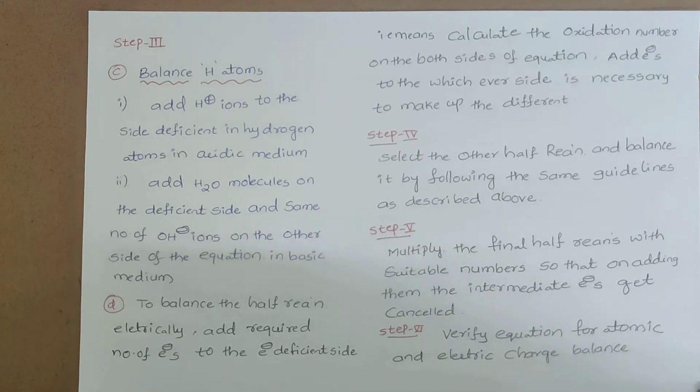In basic medium, add water molecules on the deficient side, and simultaneously the same number of OH minus ions on the rich side, to balance the hydrogen atoms.